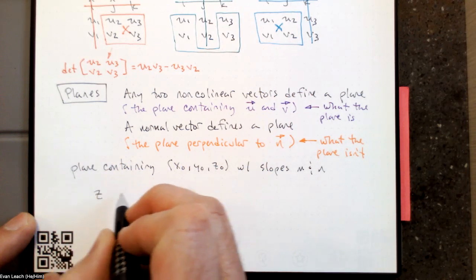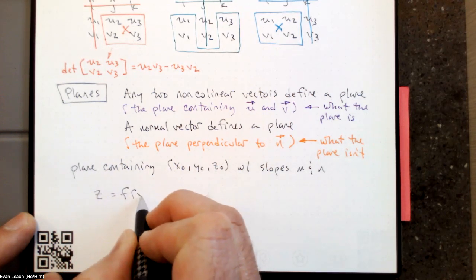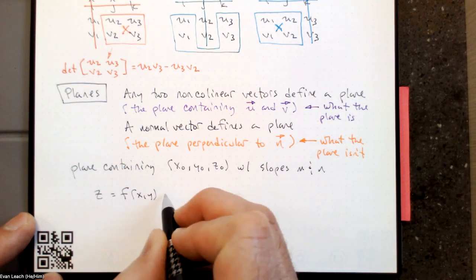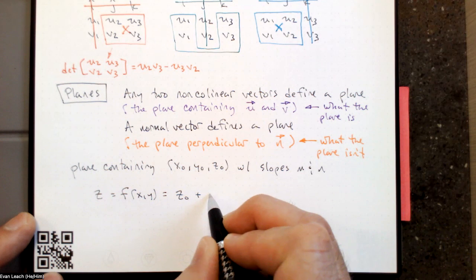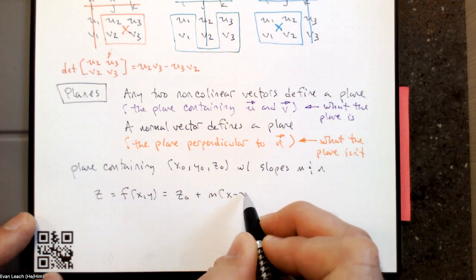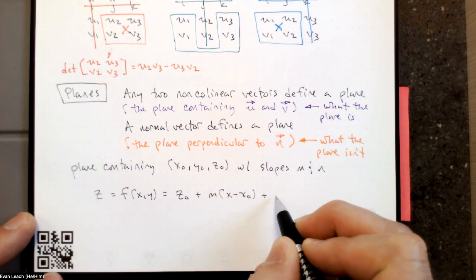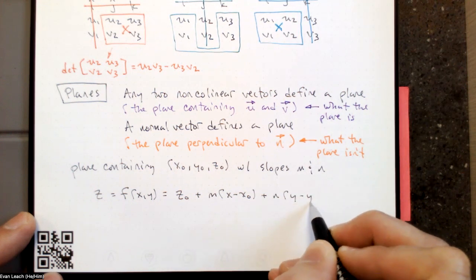We'll say z, we're describing as a function of two variables. A surface in R3 is going to be z naught plus m times x minus x naught plus n times y minus y naught.